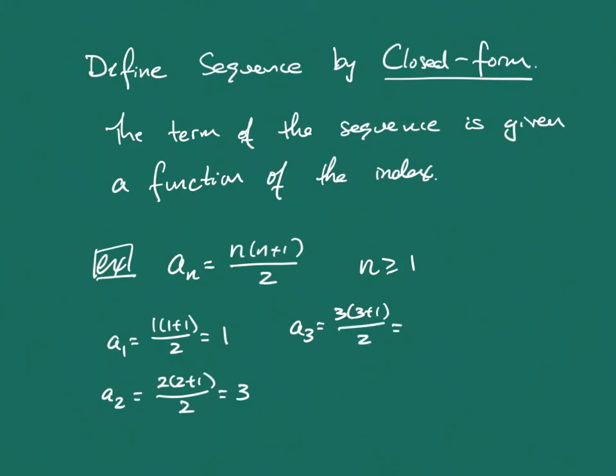So that's going to give us 6. Our fourth term, which is 4 times 4 plus 1 over 2, is going to give us 10. And we can keep that going a little bit, for which this sequence we might recognize more terms. We might recognize these as being our triangular numbers.